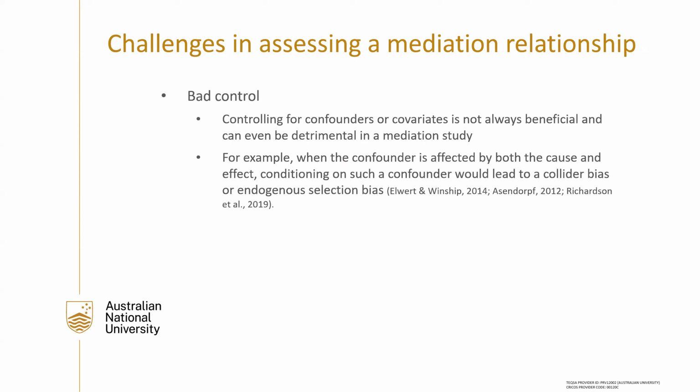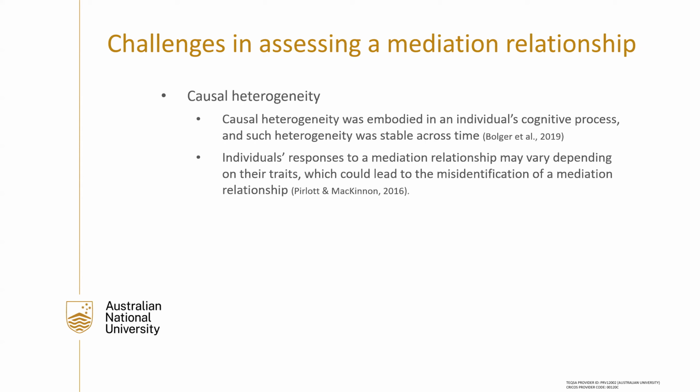And lastly, causal heterogeneity may also interfere with our mediation conclusions. Individuals' responses to a change in the independent variables and mediators may vary depending on their traits, and this could threaten the validity of a mediation conclusion. The causal heterogeneity is embodied in an individual's cognitive process, and such heterogeneity is stable across time.